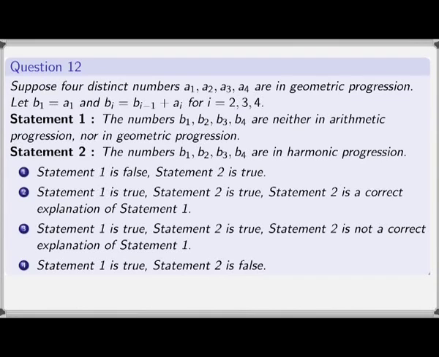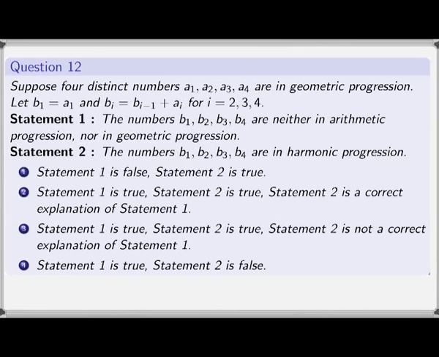In this question we have 4 distinct numbers a1, a2, a3 and a4 which are in a geometric progression. We have b1 is equal to a1 and bi is equal to b(i minus 1) plus ai for i equal to 2, 3 and 4. Then we have two statements.